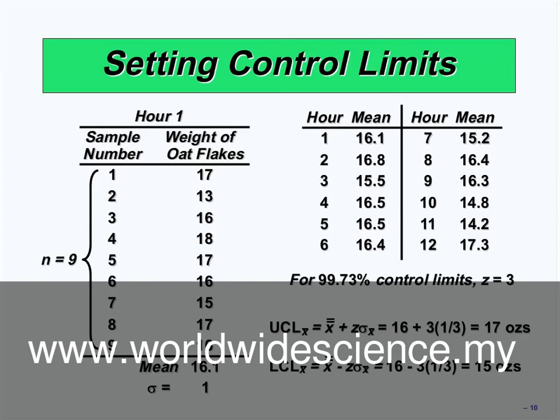16.5 has been calculated from these 9 numbers. Please look at the other table on the left. If you sum up 17, 13, 16, 18, 17, 16, 15, 17, and 16 again, and divide by 9, you will reach this number.